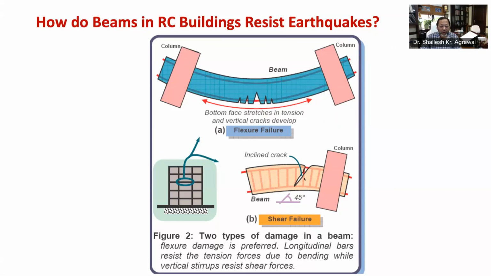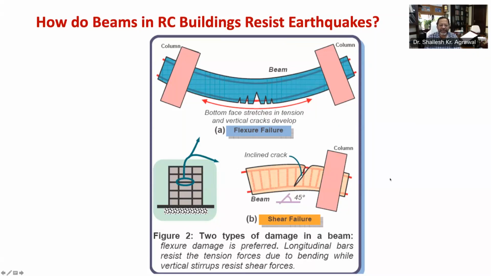Closed loop stirrups, as shown in the earlier figure, are provided to avoid such shearing action. Shear damage occurs when the area of these stirrups is insufficient, meaning their spacing and diameter. Shear failure being brittle must be avoided in earthquake resistant design of RCC beams.